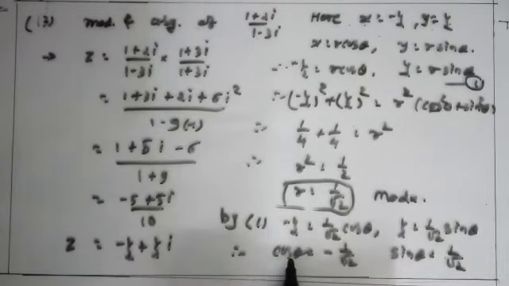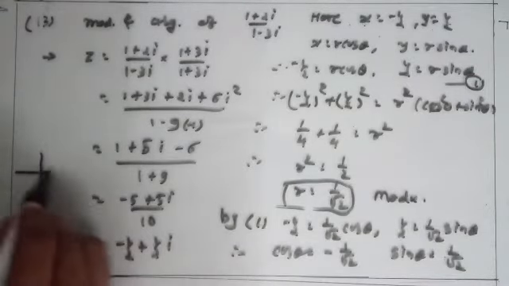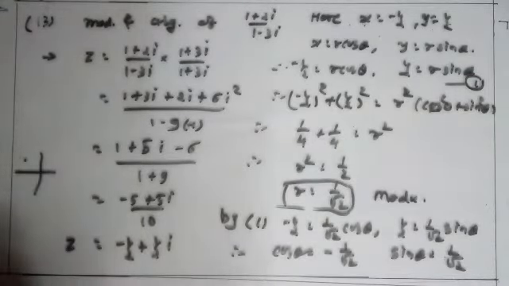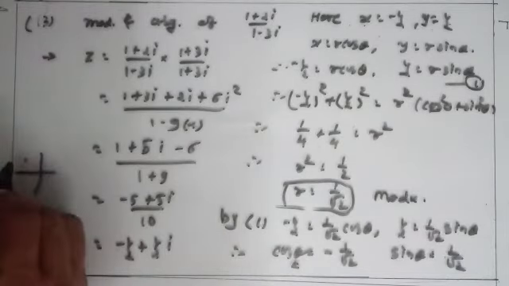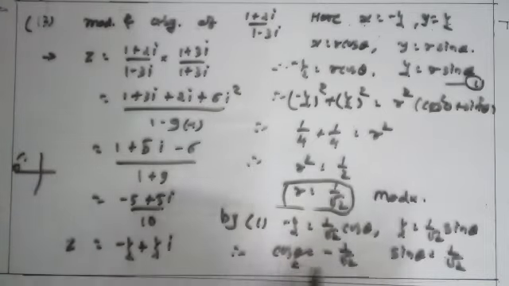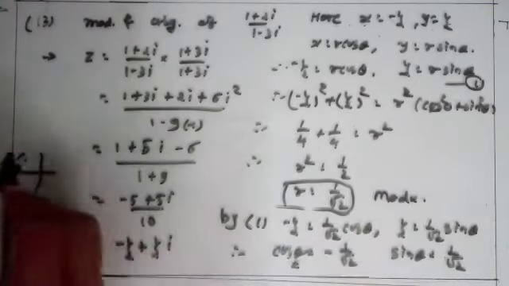Now cos is negative and sin is positive, which happens only in the second quadrant, and in the second quadrant the value of theta, the principal argument, is pi minus, here think where the value of cos and sin become 1 upon root 2.